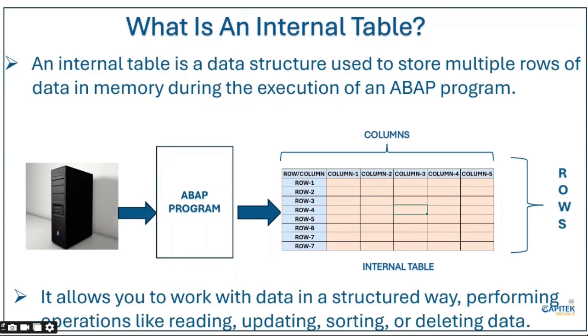So it means any operations corresponding to the internal table, finally, we are going to apply only on the data. So data is the core concept. Data is the only final objective for us when we talk about operations on the internal table.